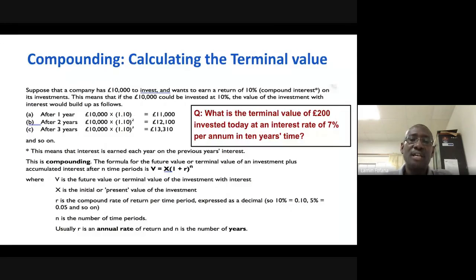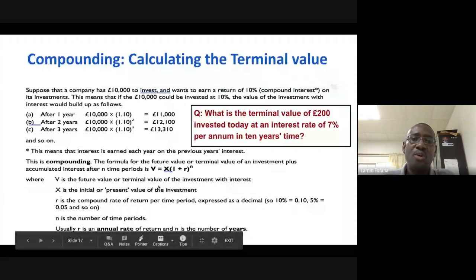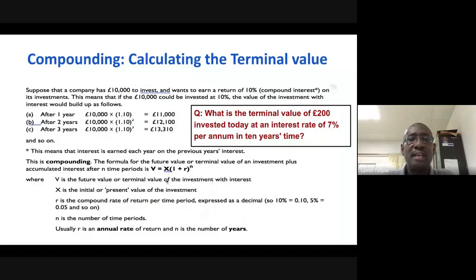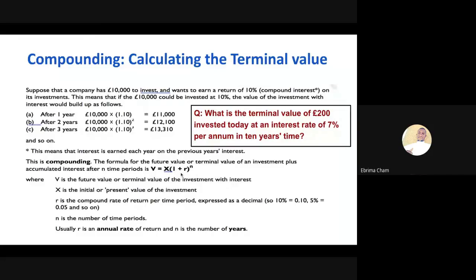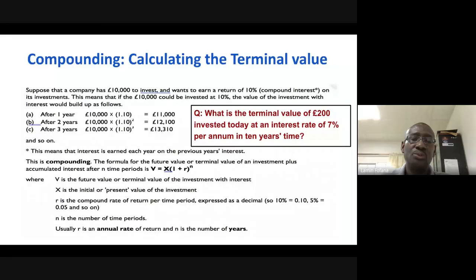So you can say V equals X into (1 plus R) raised to power N. Equally, you could say X into the bracket (1 plus R) raised to power N equals V. X into bracket means X multiplied by whatever is in the bracket.